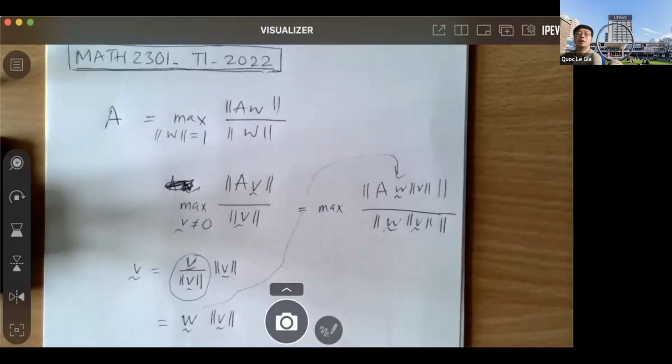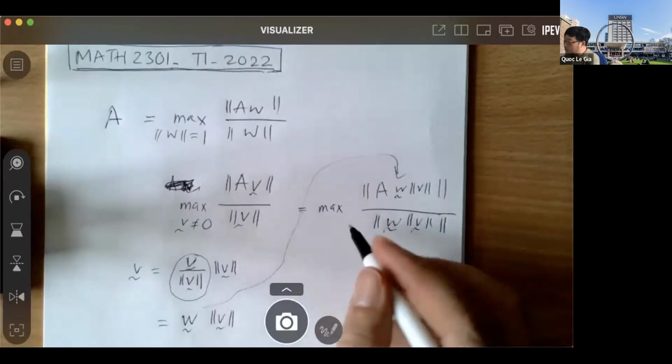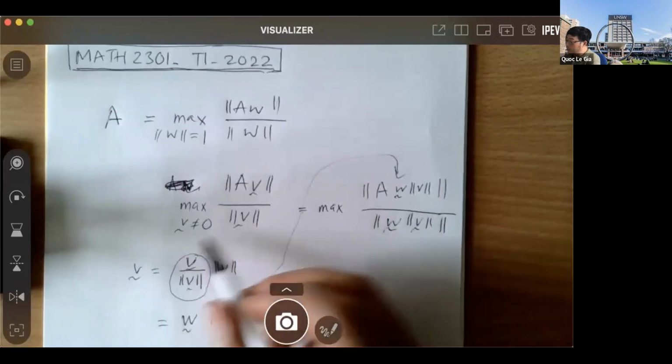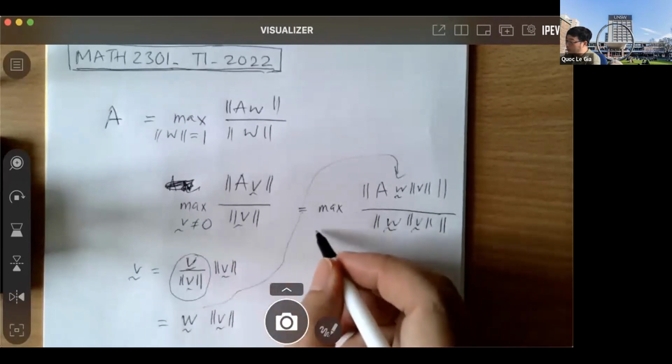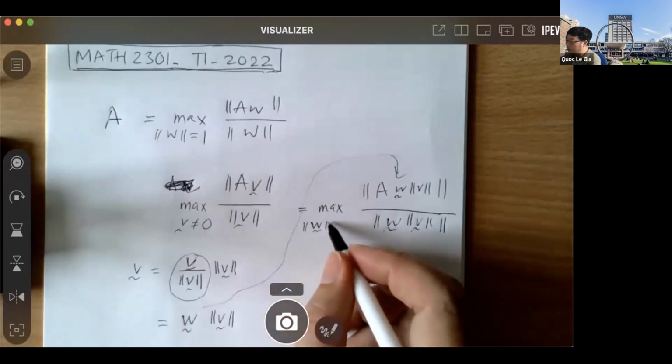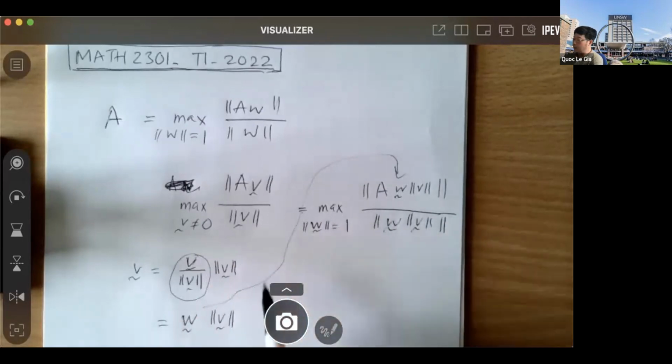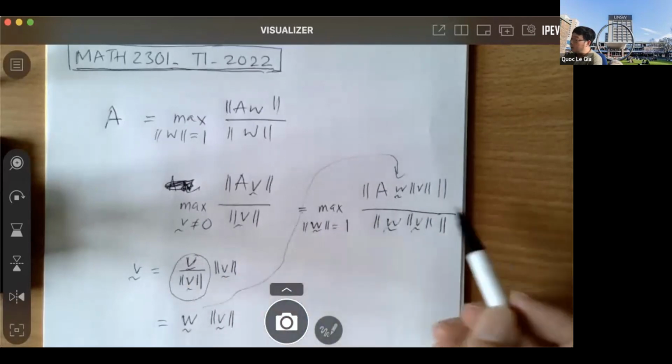But now, instead of maximum over V, I say maximum over W, and the norm of W is just equal to 1.